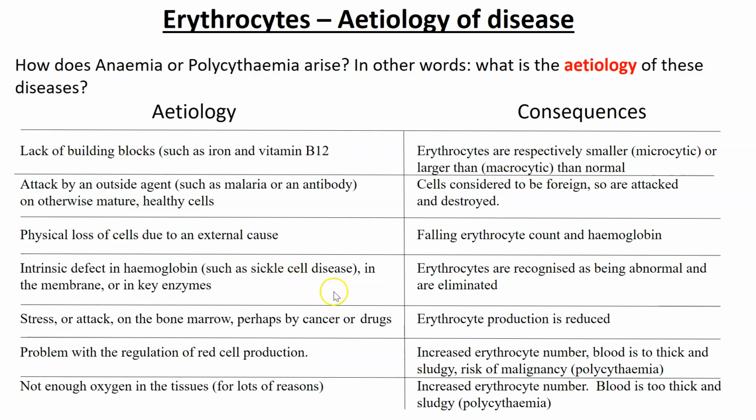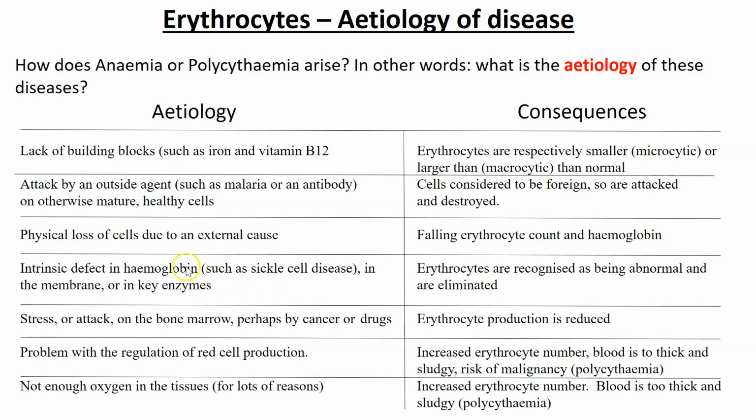If you remember, the process of manufacturing red blood cells is a big multi-step process requiring different enzymes. If anything goes wrong with those processes, those enzymes, or the genes coding for them, that can lead to red blood cells that just don't function properly.